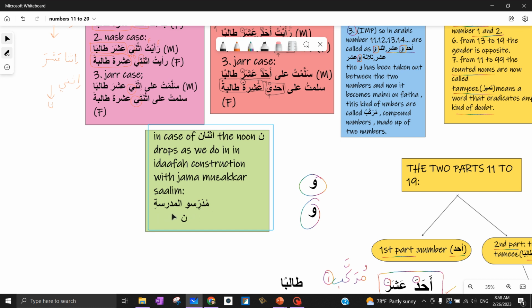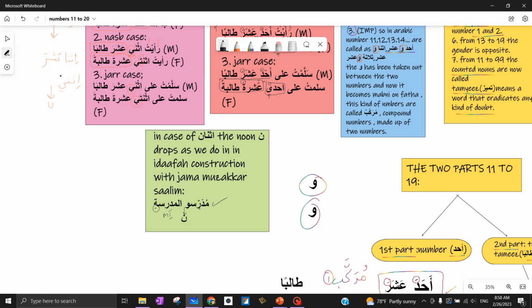You need to drop the noon here in order to make the idafa construction. Now, how do we know it is an idafa construction? As we know, the mudaf ilayhi is always in majroor position, so it is mudaf ilayhi, and the noon is dropped. This shows that jama mudhakkar is coming with mudaf ilayhi, and it is an idafa construction.